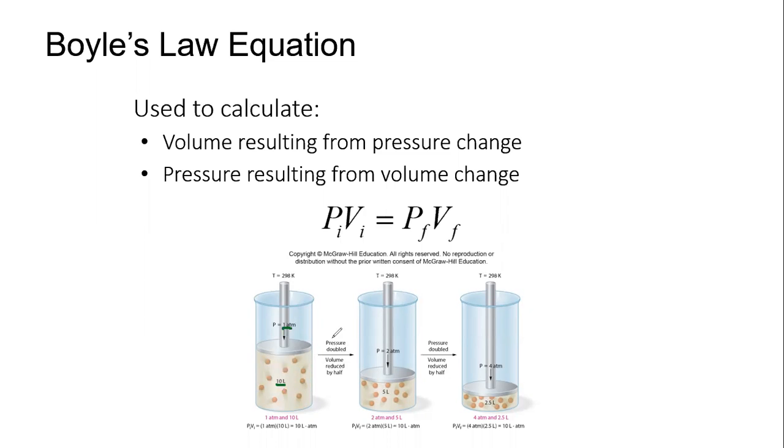So what we're doing is, as we increase pressure, we're seeing a decrease in volume. So if we double the pressure, the volume decreases by half. If we quadruple the pressure, the volume decreases by a fourth. Because as pressure increases, the volume decreases.